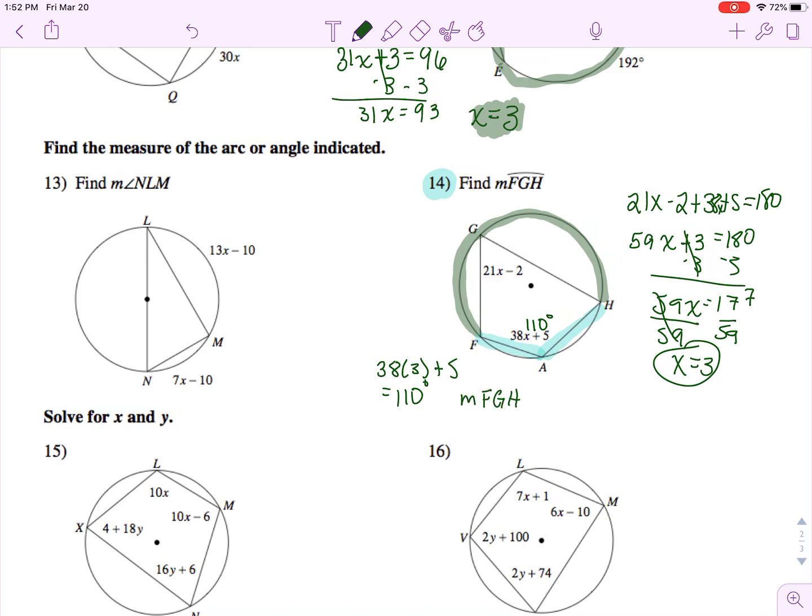So then to find the measure of arc FGH, you take 110 and double it. So you should get 238 degrees. Wait, why did I get 238? That's not right. My bad, you should get 220.